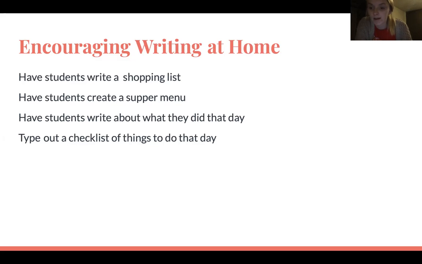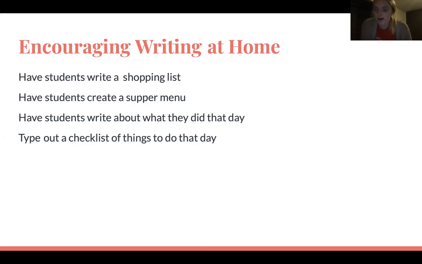This is how you guys can encourage your students at home to write. One of my personal favorites is having them write a shopping list. This is so fun for students. They get to write out what you're going to pick out from the grocery store, and it's good practice for them. So why not have your student create your own shopping list? Students can create a menu, another one of my favorites.